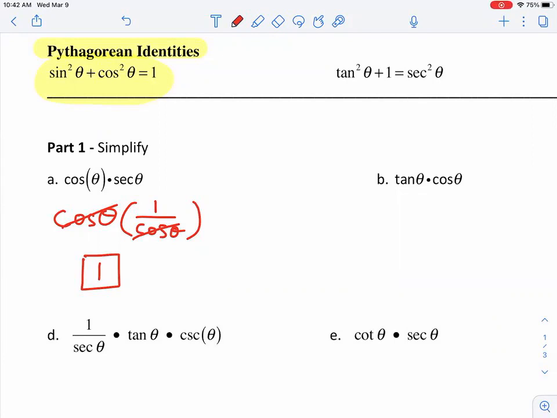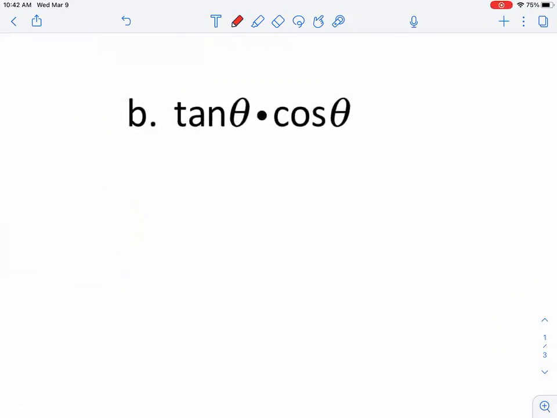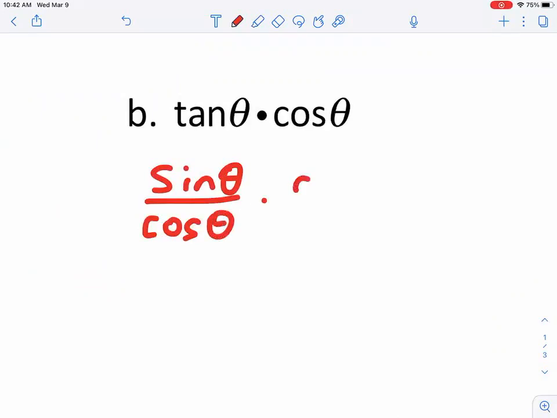All right, let's do part B, tangent of theta. Remember, tangent is sine over cosine. So when you're doing these, here's my suggestion: always write things in terms of sines and cosines. That way we have them all in a certain amount of functions. So tangent, I'm going to write as sine over cosine. And the right side is the cosine.